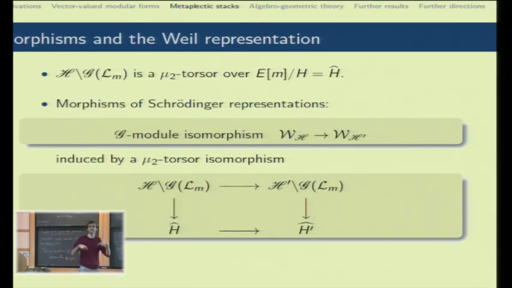But then I'm asking extra that this isomorphism respects the G action, and that's involved in cutting down. When you work with this description of the Weil representation, you usually use the Stone-von Neumann theorem to ensure this kind of isomorphism exists, but then you can only pin it down up to a scalar, or up to a constant function. In this way, if you take into account the mu2 torsor structure, you can pin down the isomorphism to plus or minus 1, which is a key point, because what I want is that the automorphisms of my Schrodinger representation should be plus or minus 1. It shouldn't be GM.